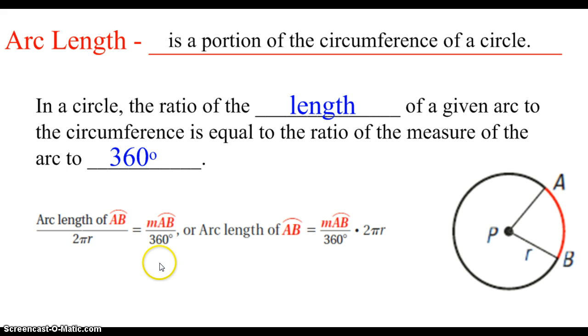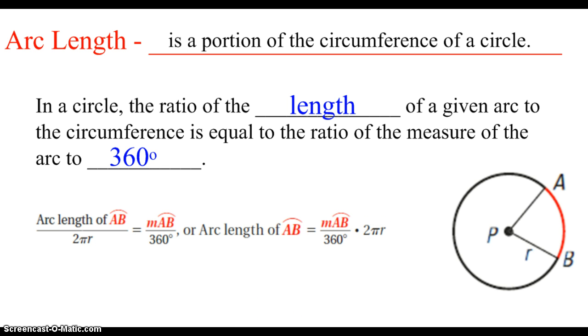We could write it as a proportion and cross multiply. Or simply, we can take the degrees of this central angle, divide it by 360, and multiply it by the circumference of the circle. They have 2 pi r here as the circumference. We can use 2 pi r, or we can use diameter times pi, because remember, 2r is the diameter.